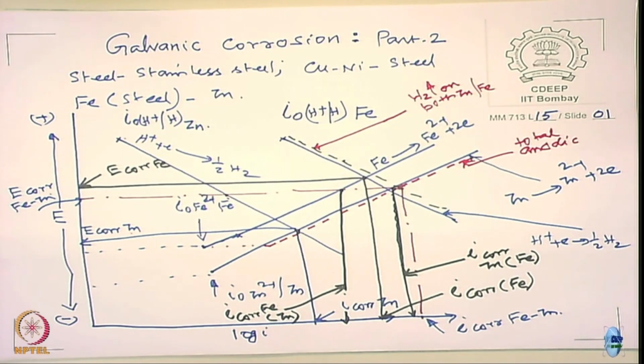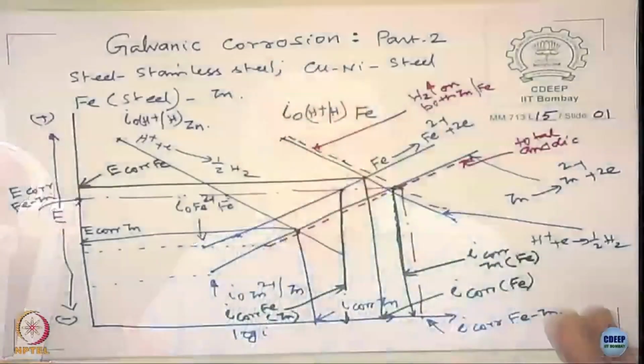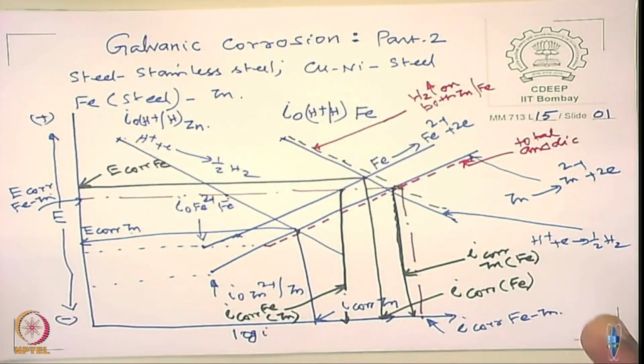So look at these diagrams. It's a very busy diagram actually. You have several pieces of information that you can draw from here. If in fact you understand this, you have understood the mixed potential theory completely. I don't think you will have a problem, because it's the most complex diagram that you can think of, okay.